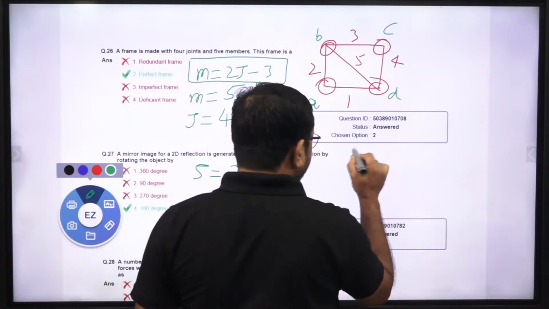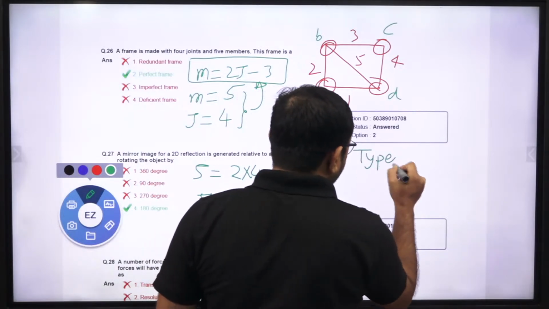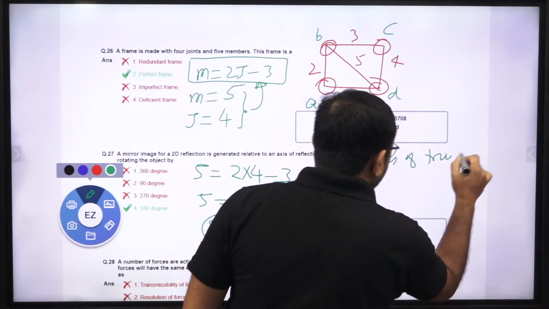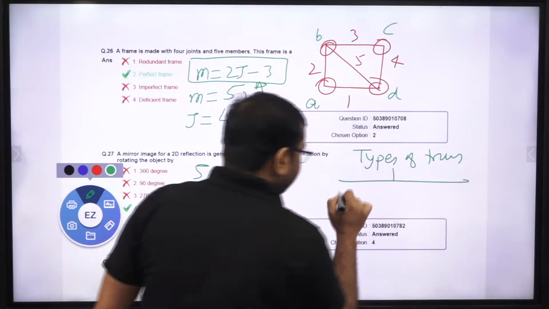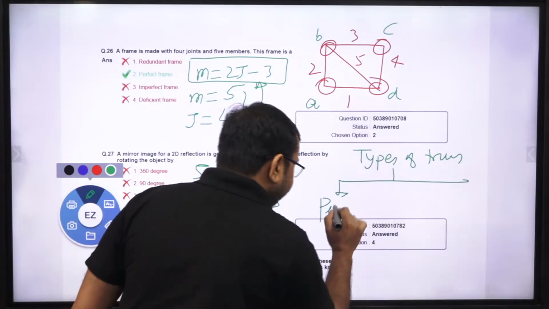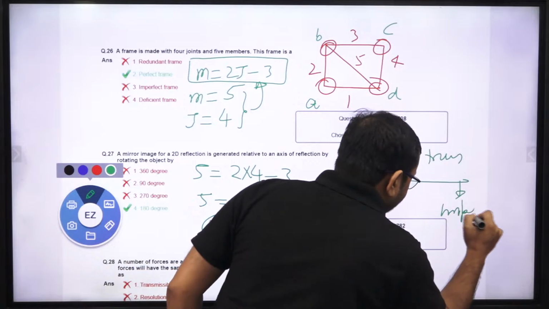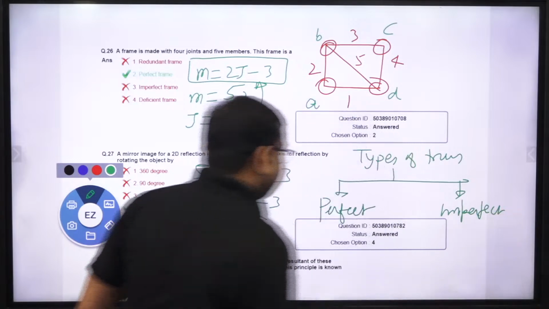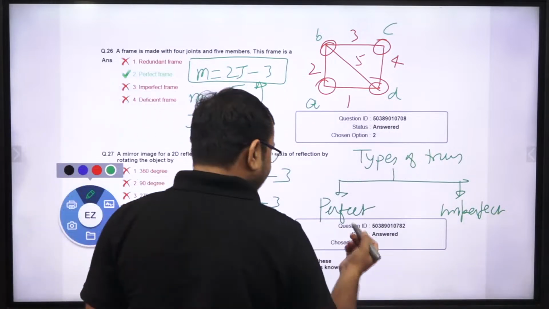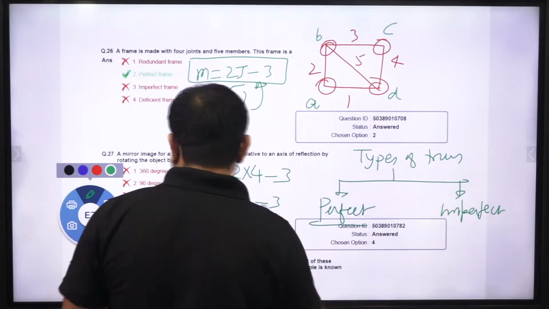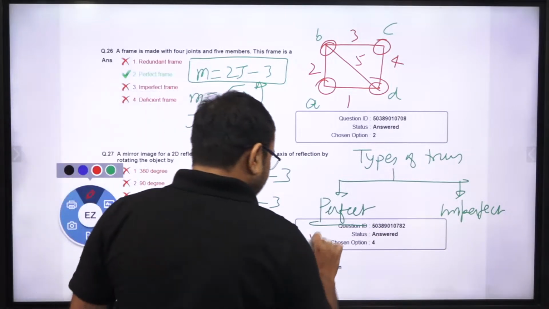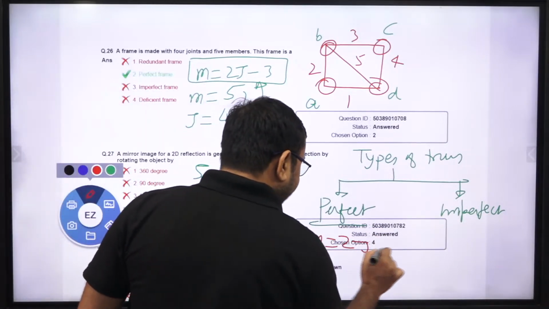So let's see a little bit about the types of truss. Here we have two types: perfect and imperfect. For a perfect truss we have one condition, that is m is equal to 2j minus 3.